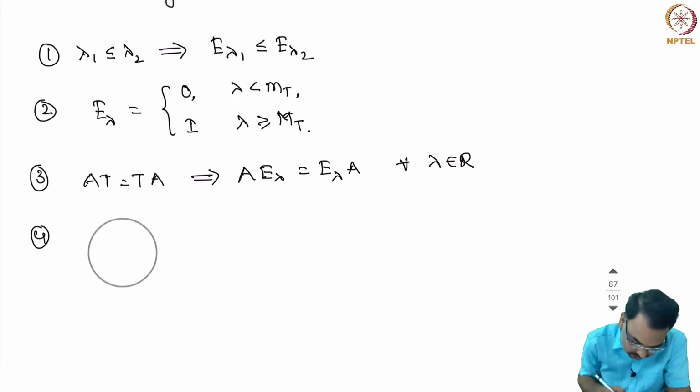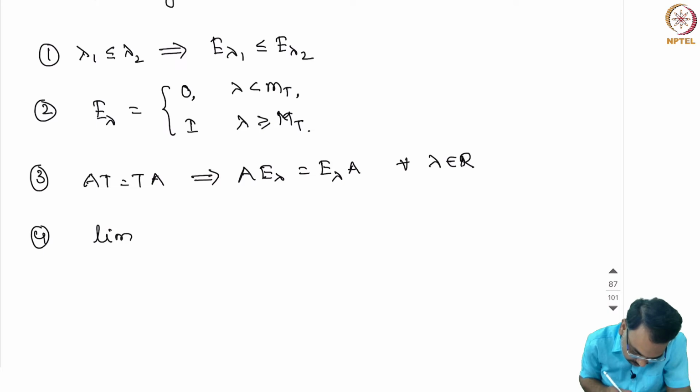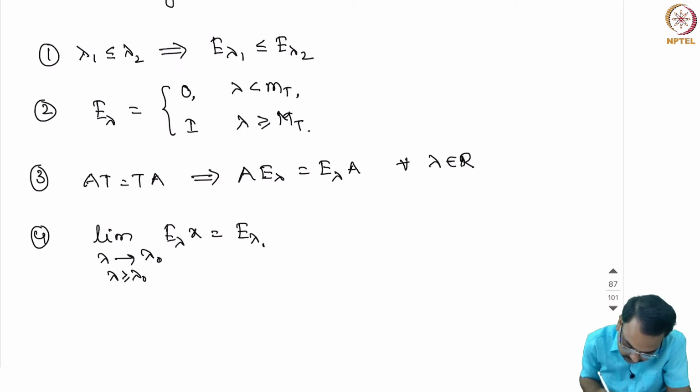That means the limit as lambda tends to lambda naught, with lambda bigger than lambda naught, of E lambda x is nothing but E lambda naught x for every x in H.